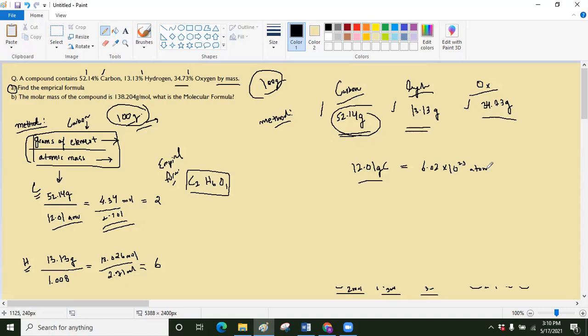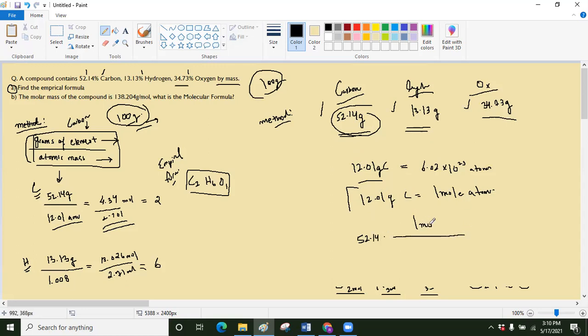In other words, 12.01 grams of carbon would end up having 1 mole of atoms. And so this is your conversion factor. If you want to figure out how many moles are in 52.14 grams of carbon, you would use your conversion factor to figure that out.